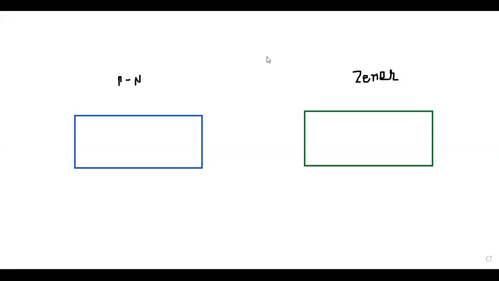Now try to understand. This is the PN junction and here also let me mark the PN junction. The first difference is that the PN junction diode is lightly doped. So this is P, and these are the holes.